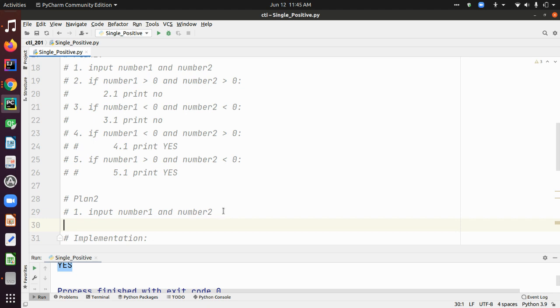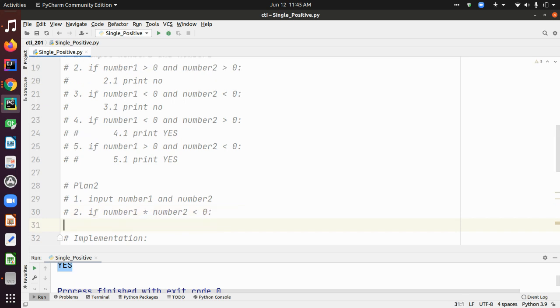Step 2: if number 1 times number 2 less than 0, we print no. So 2.1 print no.